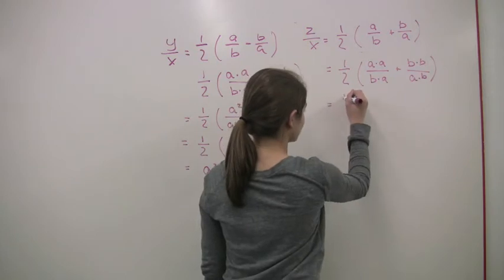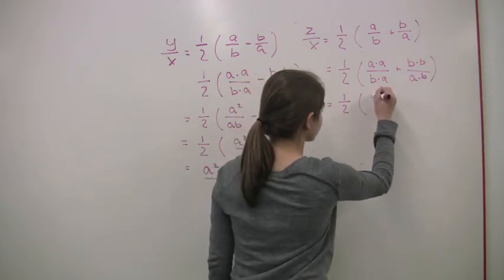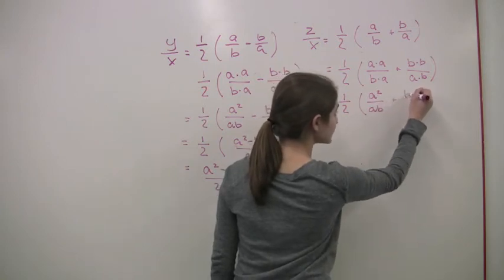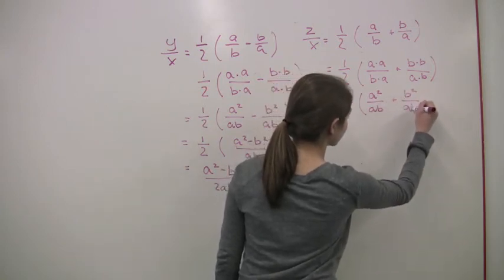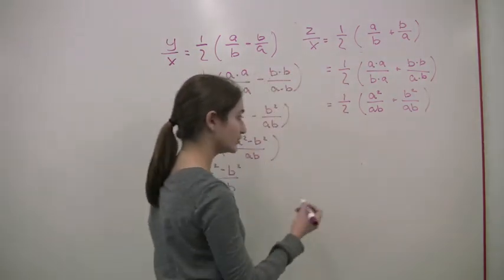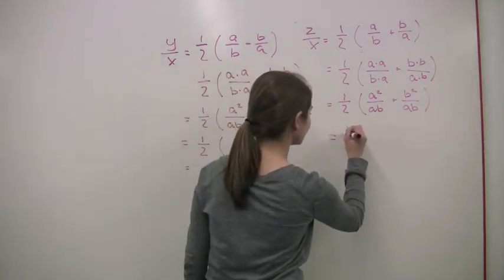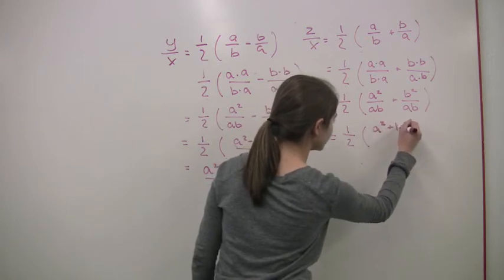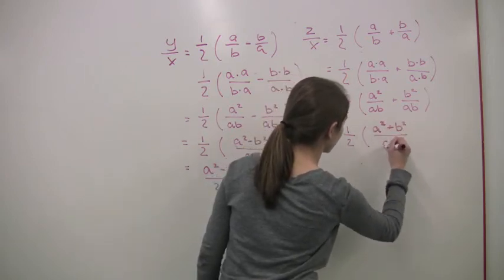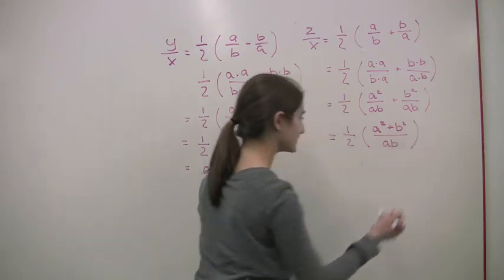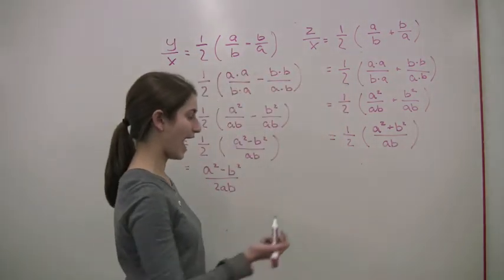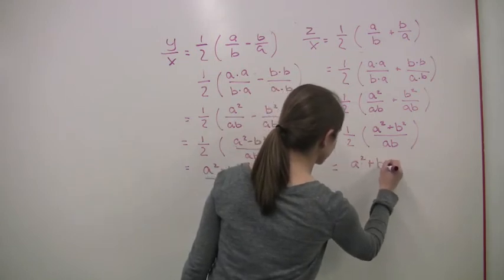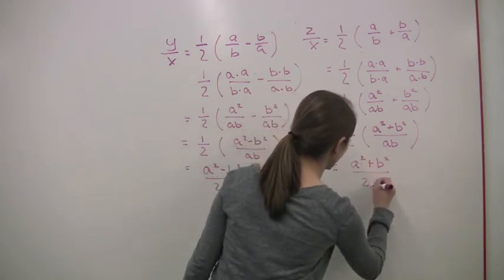This can then reduce to 1/2 times a squared over ab plus b squared over ab. This can once again reduce to 1/2 times a squared plus b squared over ab. We must then once again multiply by 1/2 to get a squared plus b squared over 2ab.